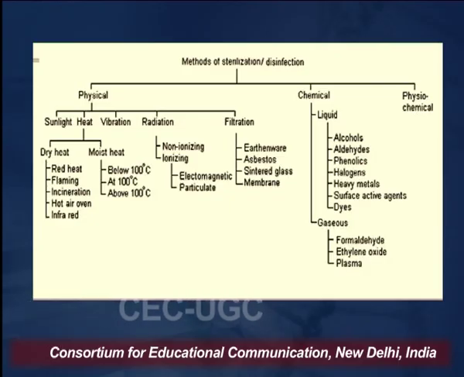Then with the help of radiations, which can be ionizing or non-ionizing radiations. Then use of filters such as HEPA filters. Nowadays you must be hearing that we should have air purifiers at our home because of the pollution. So these air purifiers contain HEPA filters.